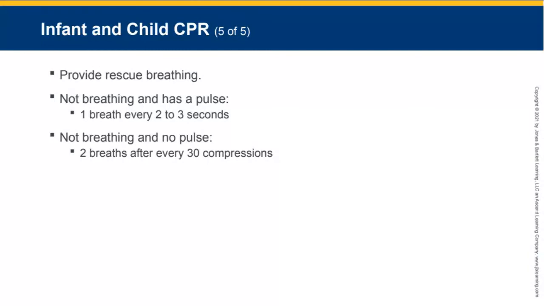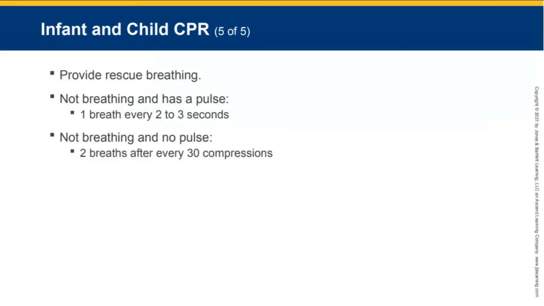Still on infant and child CPR, provide rescue breathing. Now, rescue breathing is necessary when the patient has a pulse and is not breathing. So for adults, it's 1 breath every 5 to 6 seconds. The new guideline is 1 breath every 6 seconds.